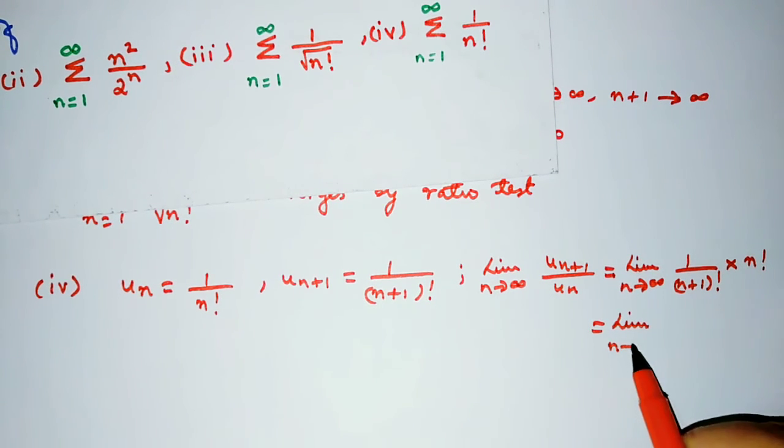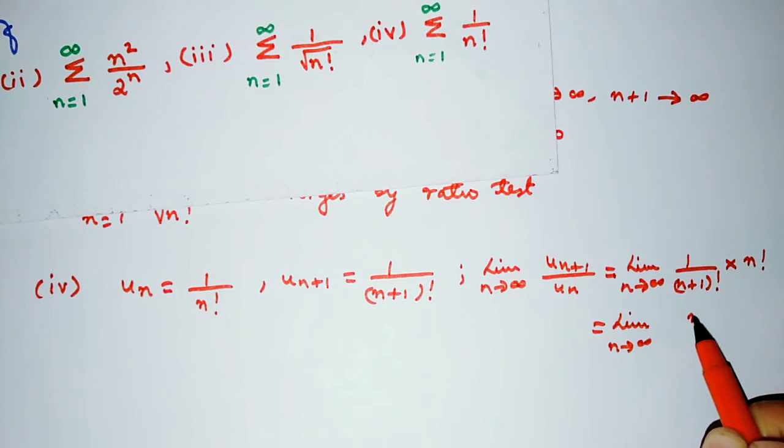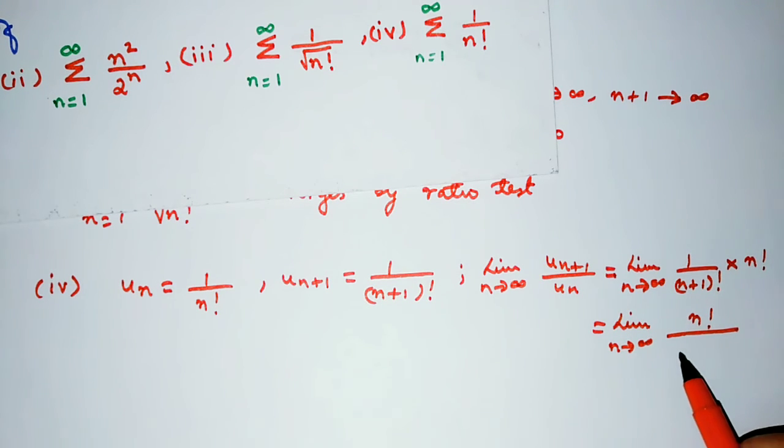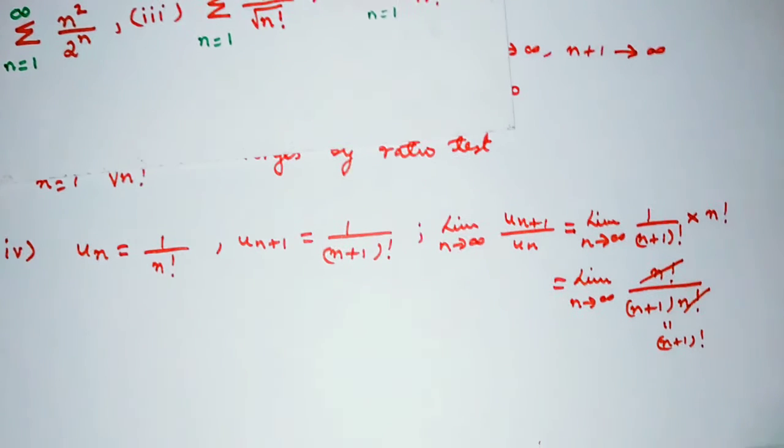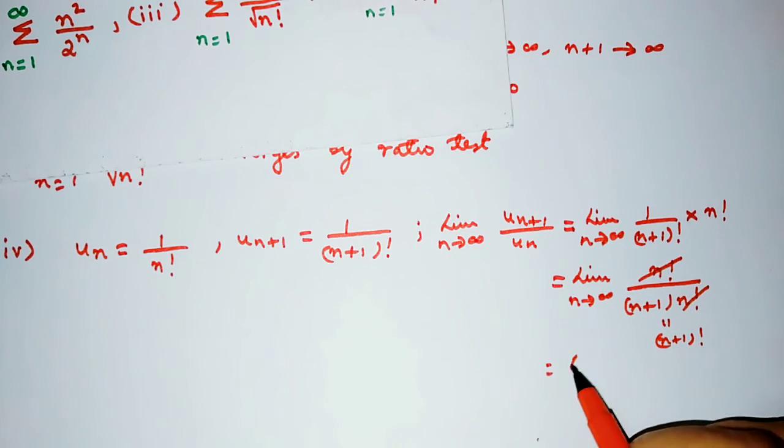So here from the denominator we have n plus 1 into n factorial. This one is equal to n plus 1 factorial. So now n factorial can be cancelled with n factorial.